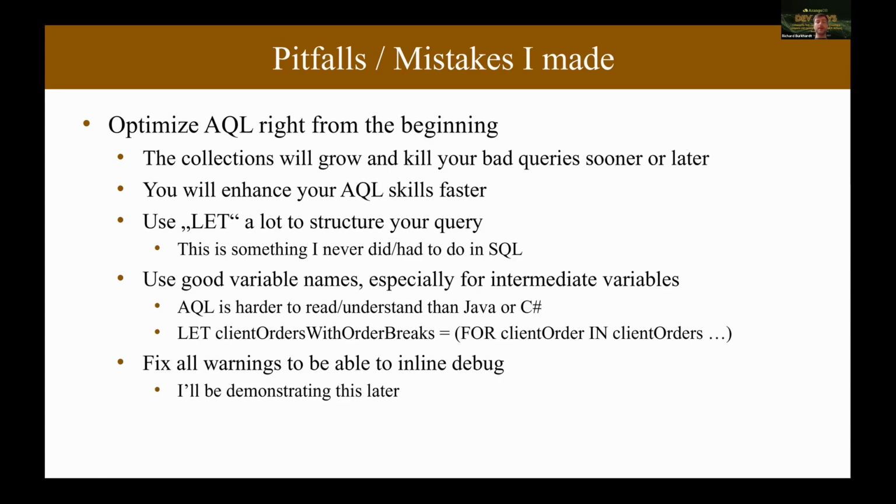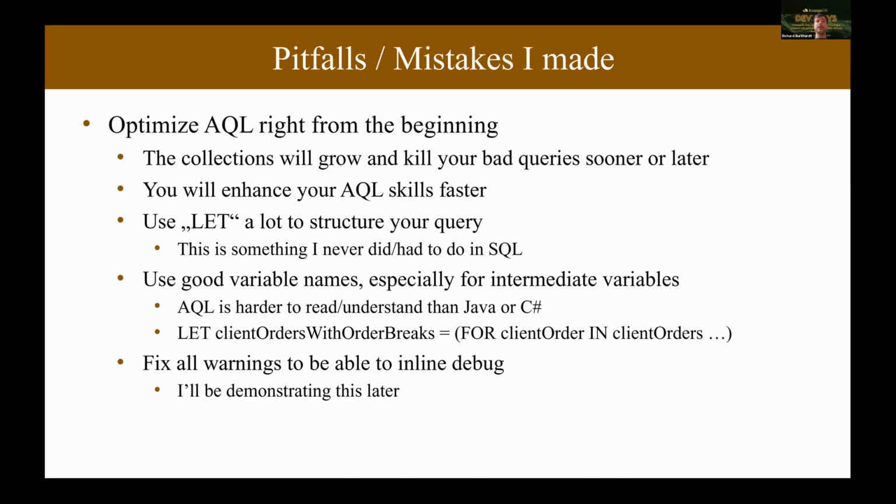What I would recommend, but it's not a must, is to optimize my AQL right from the beginning, because AQL is easy to read, but it's not super easy to read, and it's not a programming language. Sometimes you have to think a little bit longer to understand what you did in the past. So I would always optimize right from the beginning, and I would always use good variable names.